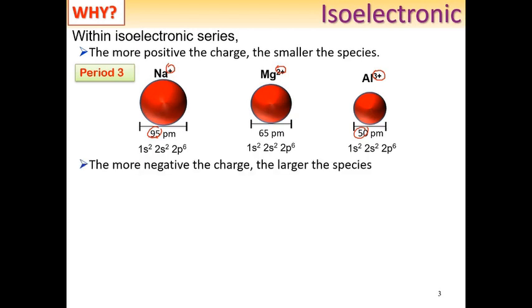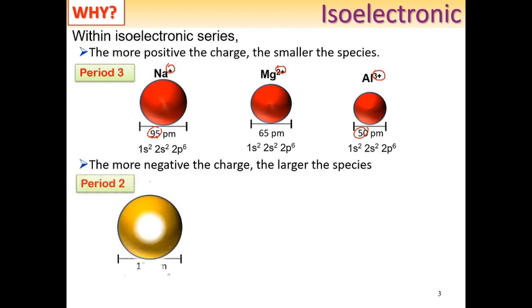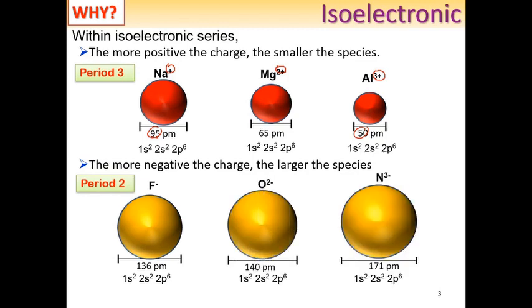Now let's look at the anions for isoelectronic species. The trend in negatively charged ions is that the more negative the charge, the larger the species. From fluoride to oxide to nitride: fluoride has -1, oxide 2-, and nitride has 3- charge.